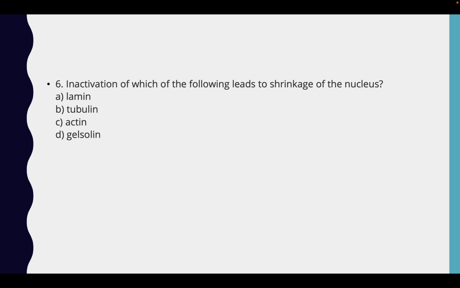Inactivation of which of the following leads to shrinkage of the nucleus? Lamin, tubulin, actin or gelsolin?